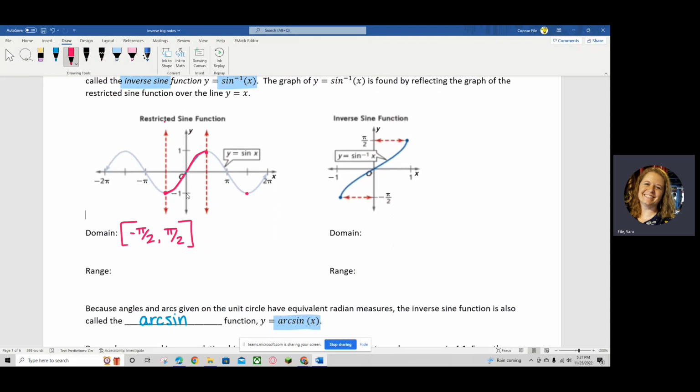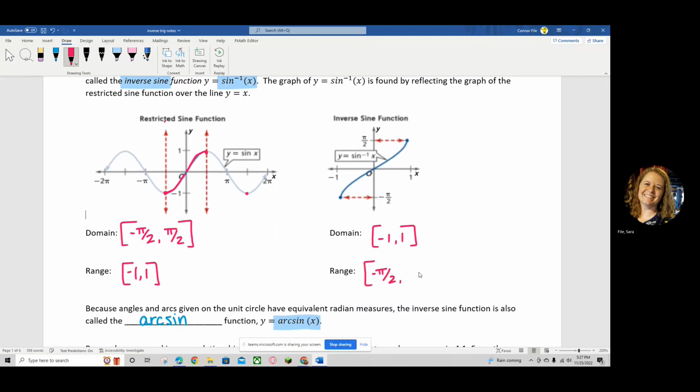The range, -1 to +1, low to high, and again with brackets. Now, the inverse, when you flip those, x and y switch. So the -1 to 1 becomes the domain, and the -pi halves to pi halves becomes the range.